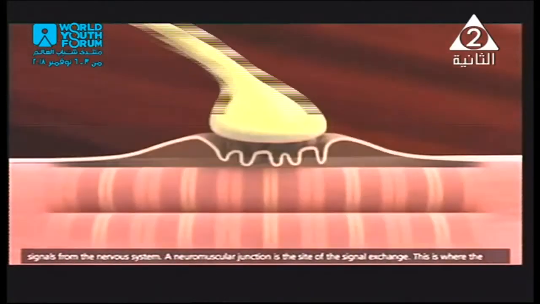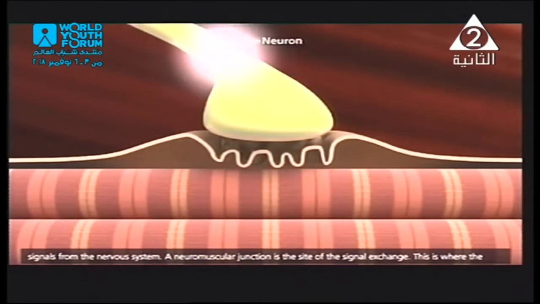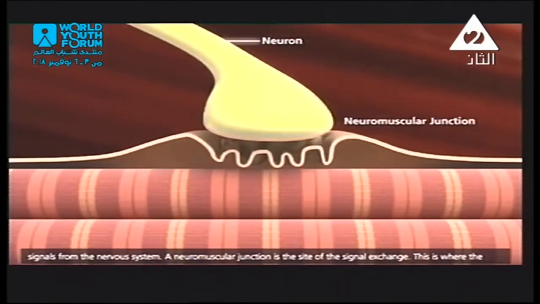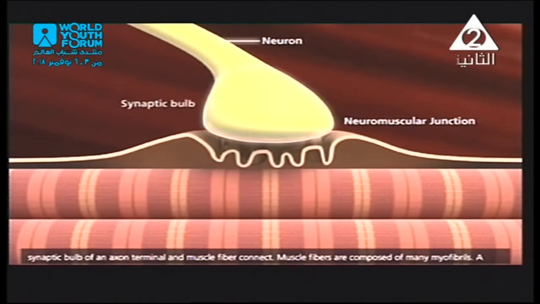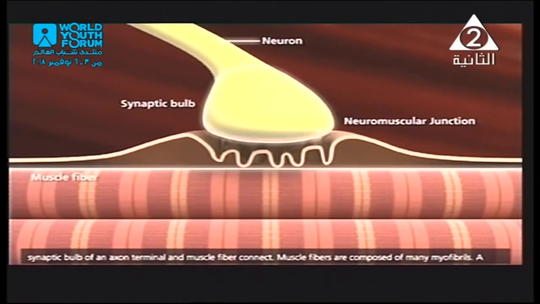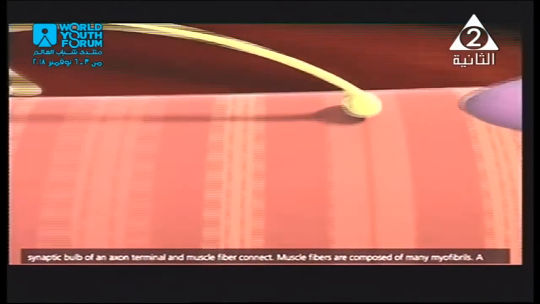And we said when the neurotransmitter or the nerve impulse reaches the muscle fiber, what is happening inside it? We need to know the reason of contraction and relaxation.